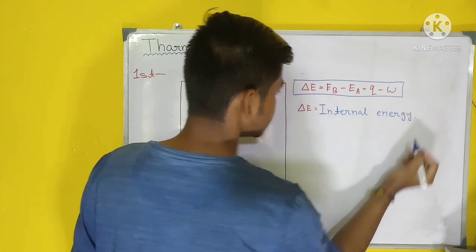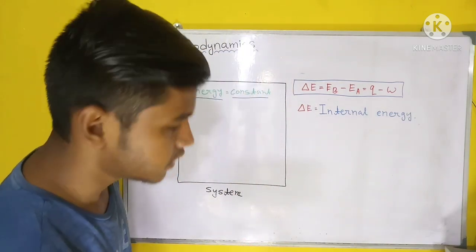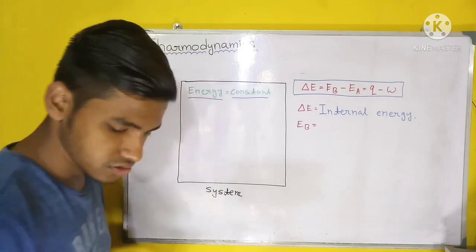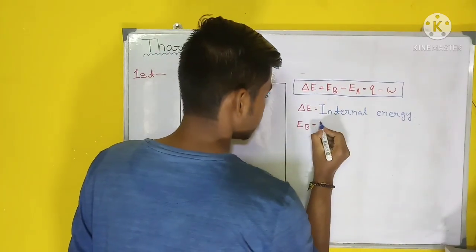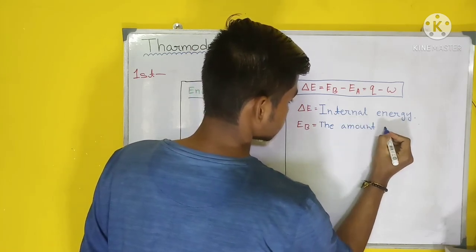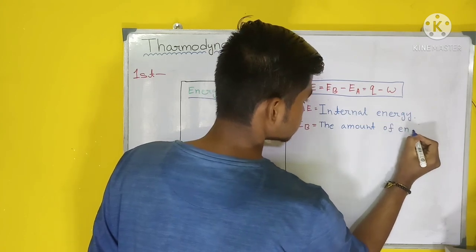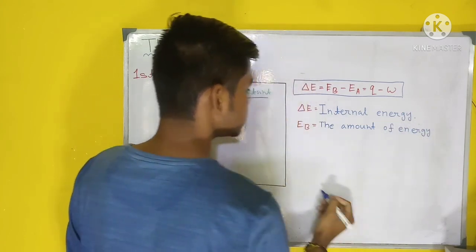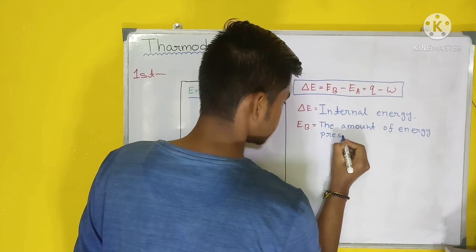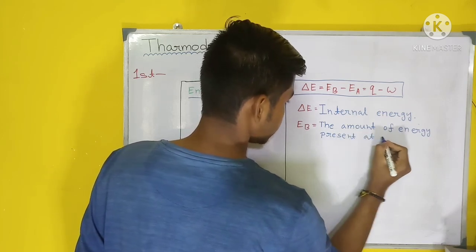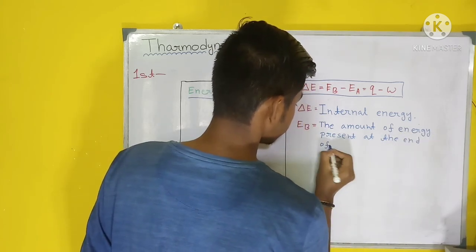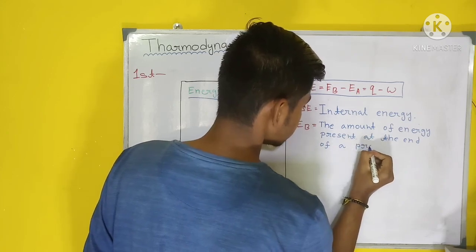EB is actually the amount of energy present at the end of a process.